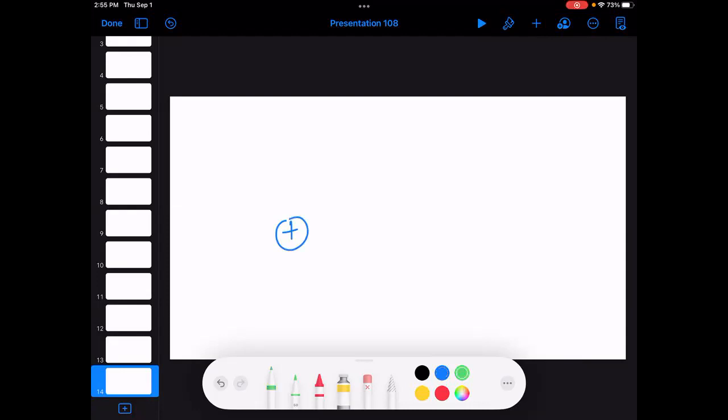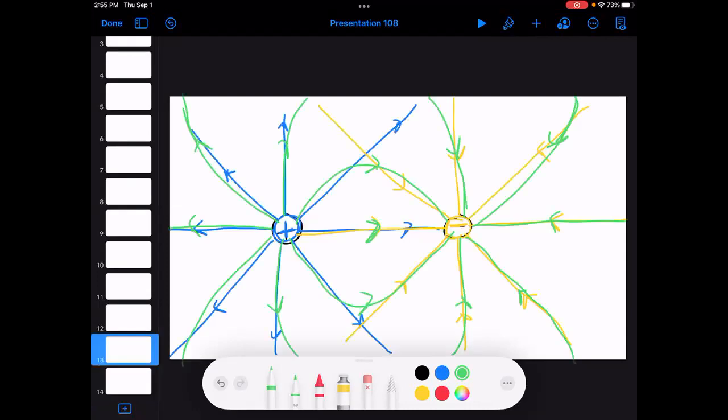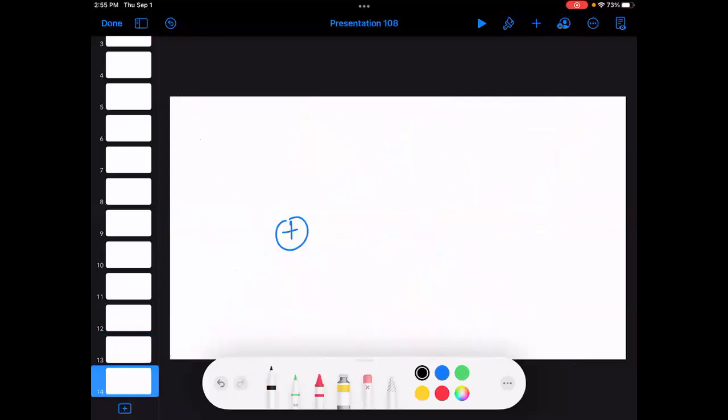Okay, so that last thing is called the dipole. Anything with two charges is in fact called a dipole. But this one, instead of having opposite charges, we're going to have like charges.